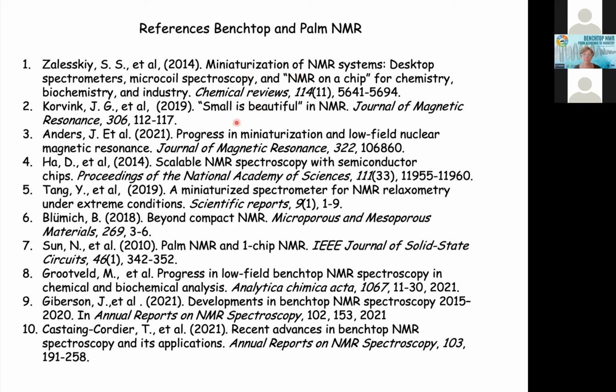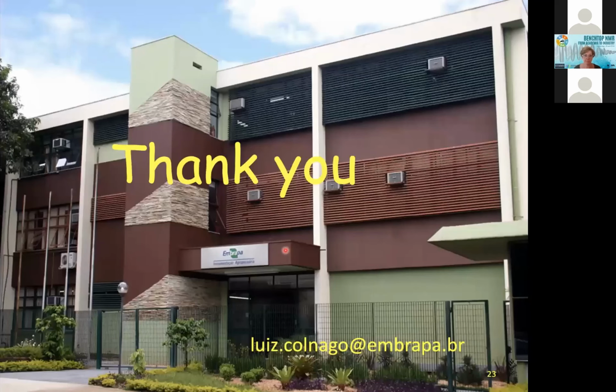Small is beautiful: progress in miniaturization, palm NMR, and one-chip NMR. All this will be discussed much more in this presentation. And again, thank you very much for inviting me, and thank you to the audience. And this is my email.